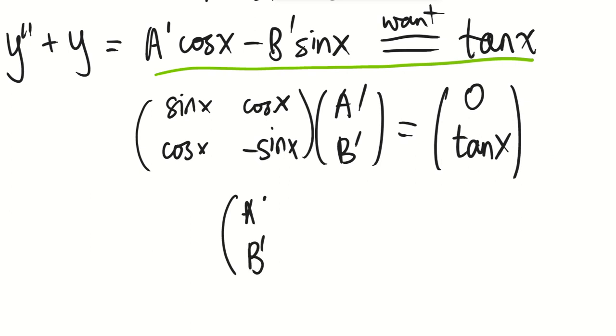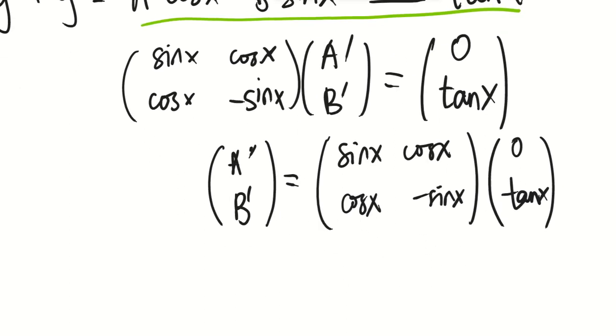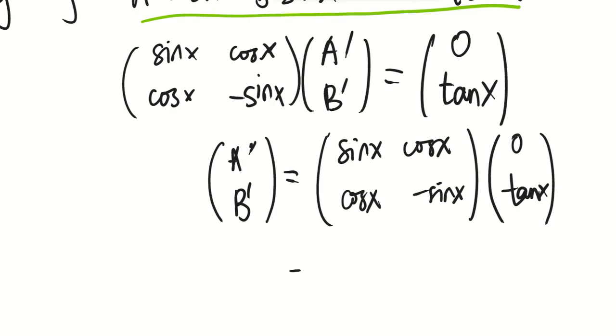And so a prime b prime is sine x cos x minus sine x times 0 tangent x. You can solve this, and this is sine x on the top and minus sine squared x over cos x at the bottom.